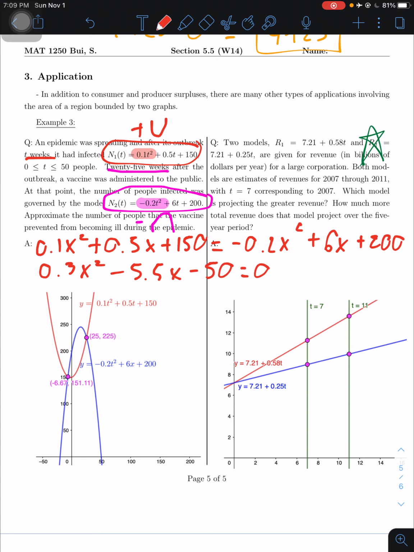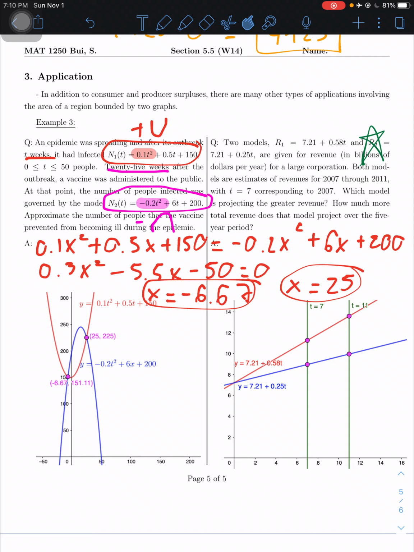If you want, you can use the quadratic formula for this one. If you don't want to, you can use decimals or something like that. There are various ways. In the test, definitely go for the quadratic formula. Anyhow, you're going to get x equals negative 6.67 and x equals 25. So those are the limits that we have, lower limit here and upper limit here.